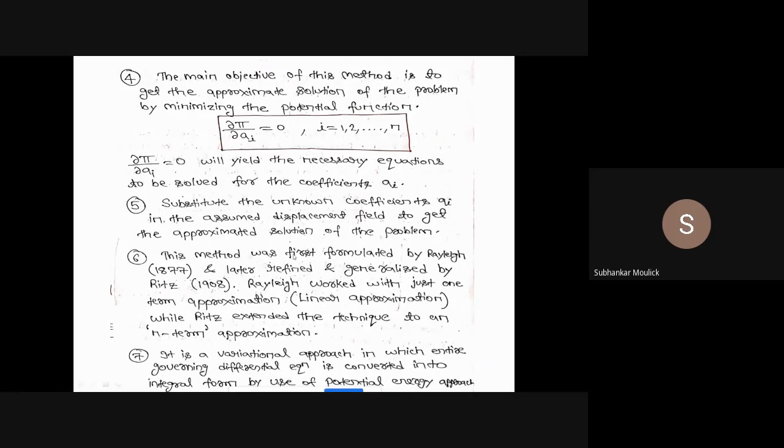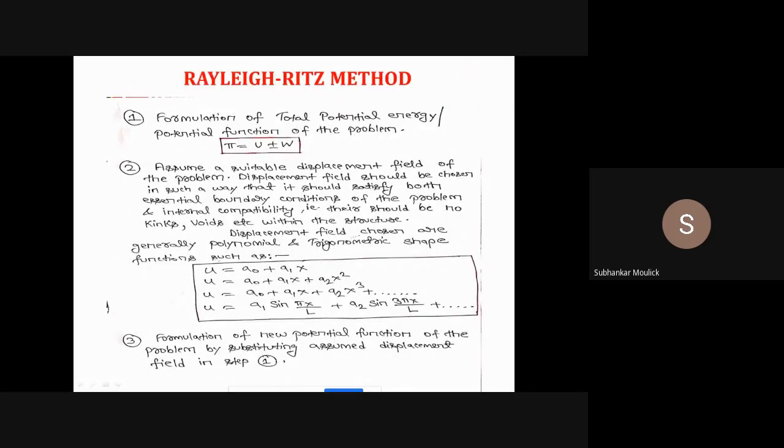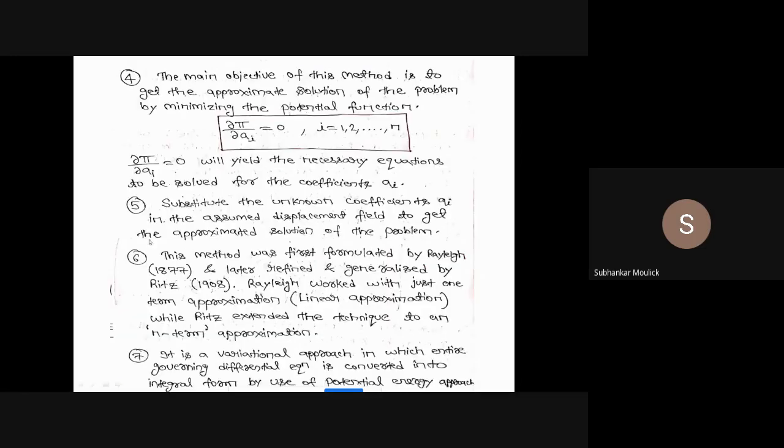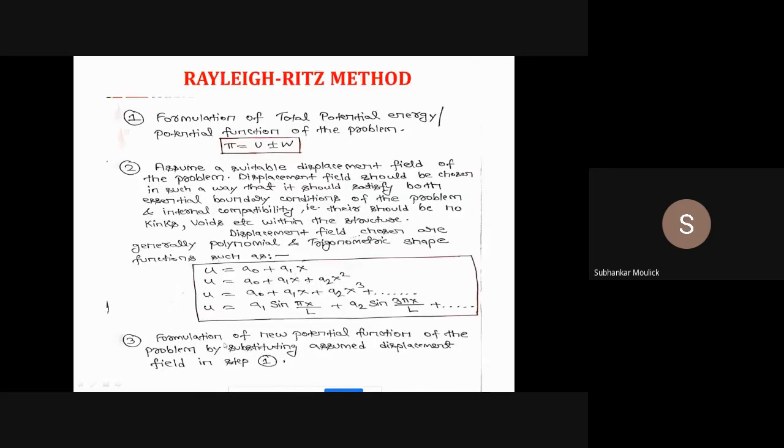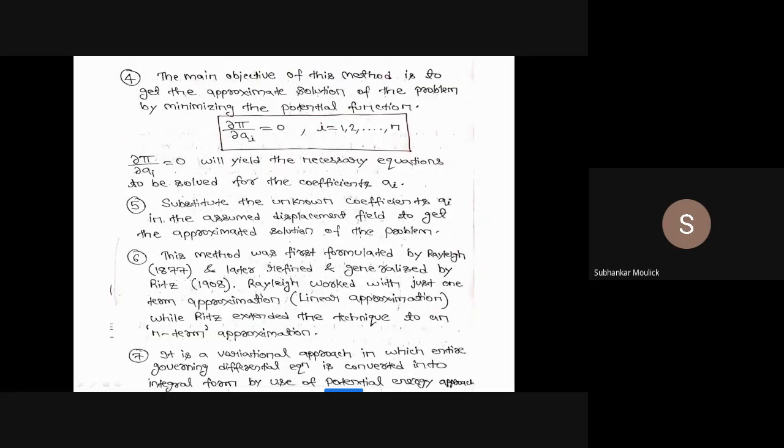That means the governing differential equation has to be converted into an integral equation by the potential energy approach, and then you start from step number 2 and go till step number 5. So this is the generalized process of the Rayleigh-Ritz method. Is it clear? If it is clear, then we will solve one problem today. Is the method clear?